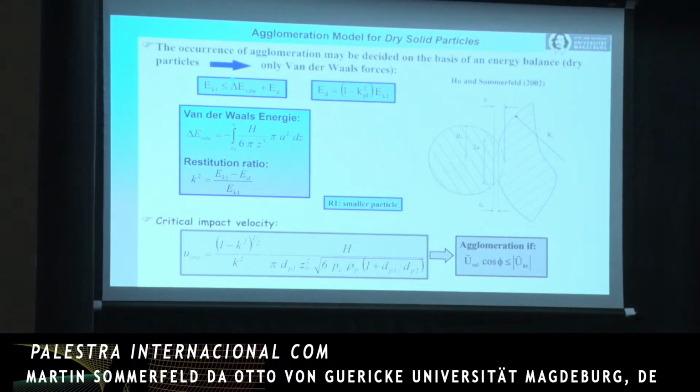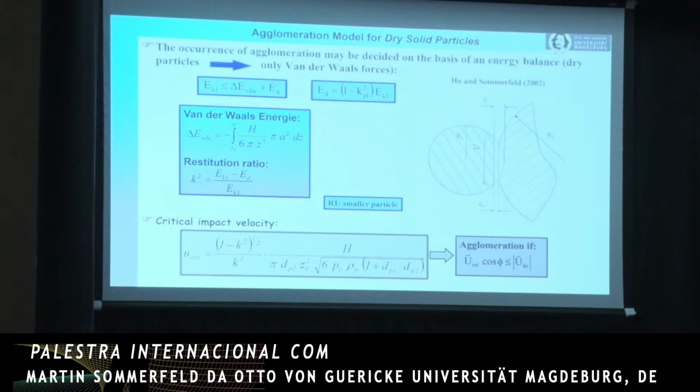If this Van der Waals plus dissipated energy is larger than the kinetic energy, you are sticking. And if you do all the mathematics, you have to do the integration, it involves a Hamaker constant. A is the deformation area, and the minimum contact. And this is the definition of the restitution ratio. Doing that, you end up with the critical velocity.